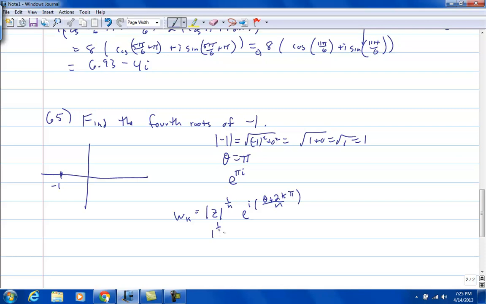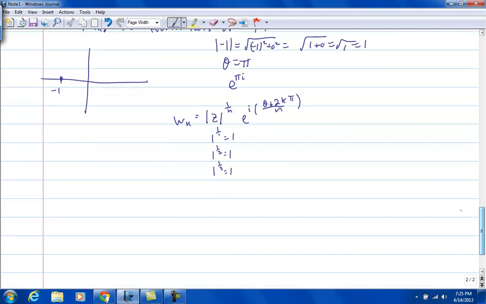The first part's really easy to get because 1 to the 1 over 1 is just 1. 1 to the 1 over 2 is still 1. 1 to the 1 over 3 is still 1. And 1 to the 1 over 4, oh, that's still 1. Then we're dealing with this e to the I theta. Theta is pi.